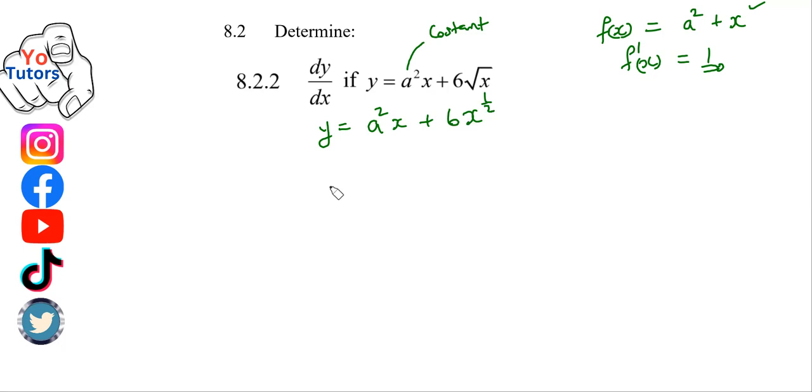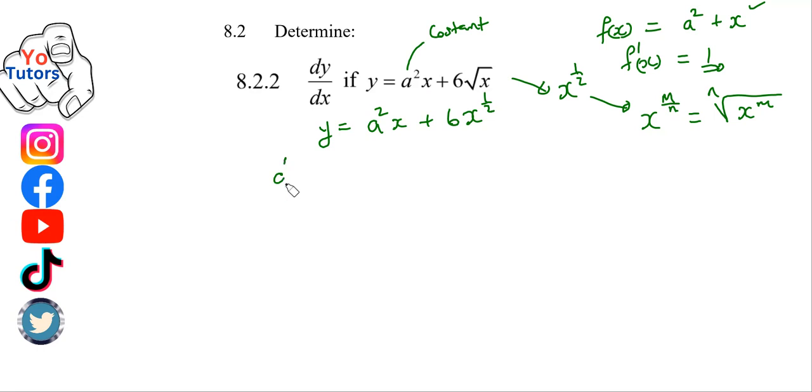Remember what I told you in the first one, the hint: we must convert that into an exponent. So we have x to the power 1 over 2. Using that formula, if we have x to the power m over n, this is the same as the nth root of x to the power m. This is what you're supposed to use when you see a root.